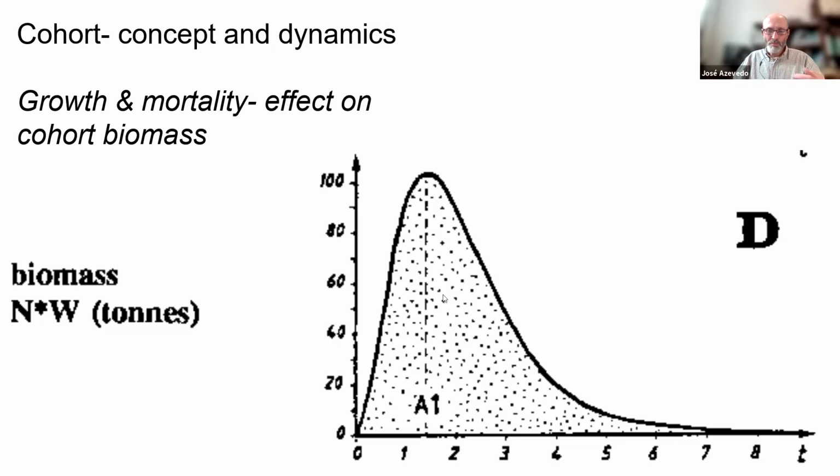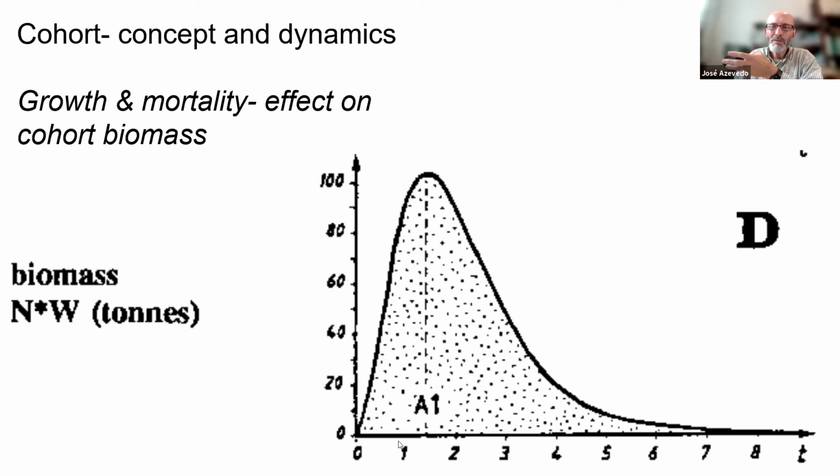Just by looking at it, you want to target fishing at a size that maximizes fishery production. If you're capturing animals that are too small, the result is a small fishing biomass. If you wait until the animals are big, then you'll catch big animals, but a smaller number of them.